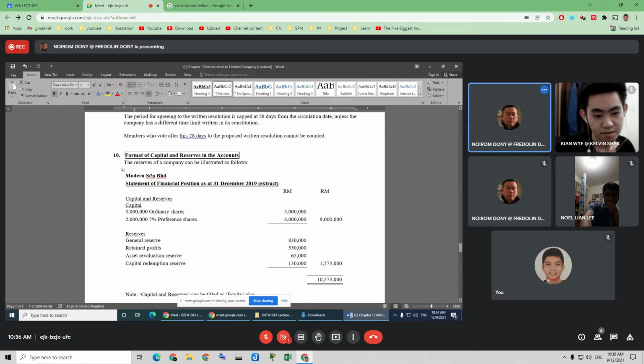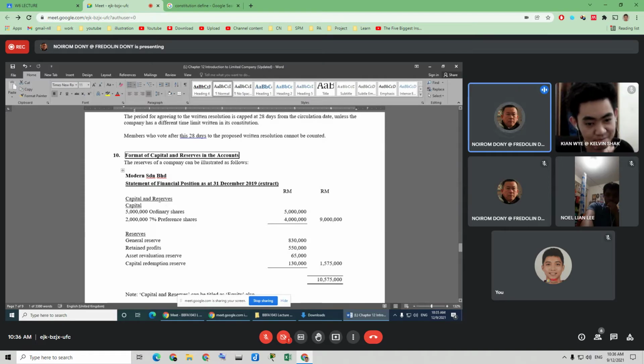How do I know? I look at the name, Sdn Bhd, and the statement of financial position as at 31st of December. This is only an extract. Normally after we list the assets, it is followed by capital. But for a company, we must put the heading as capital and reserve.